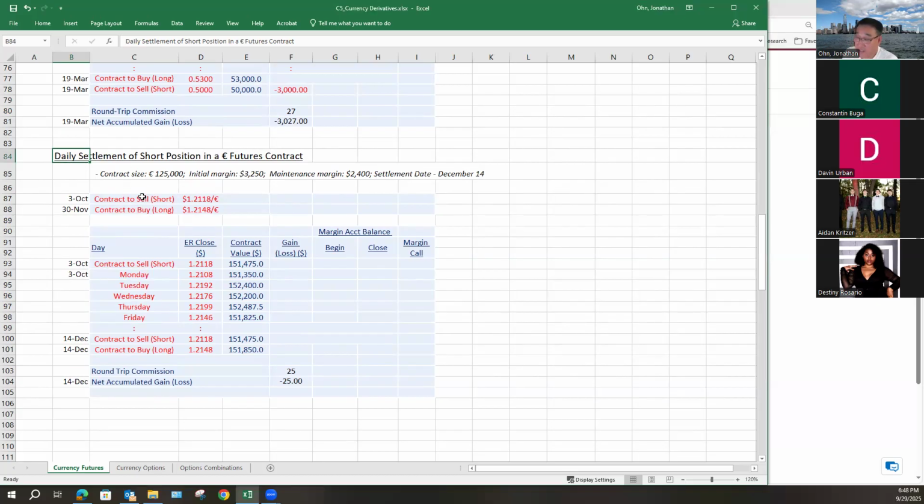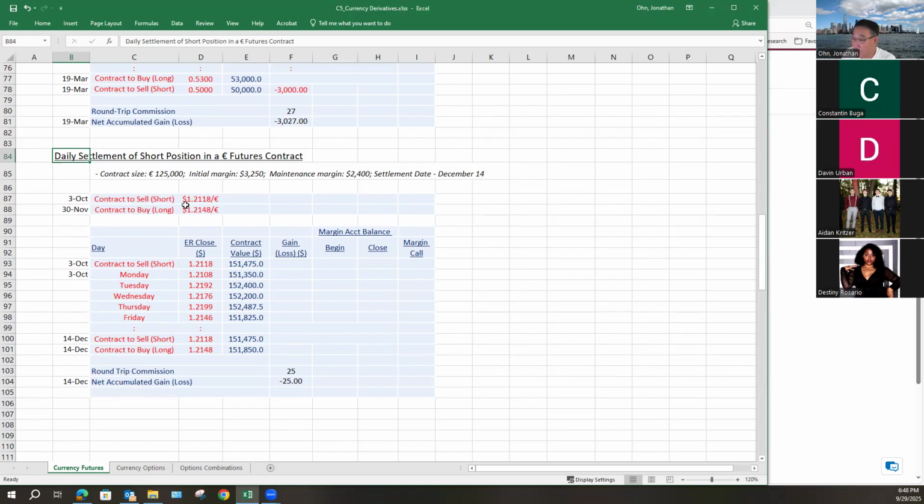The story goes like this. On October 3rd, the Monday, you get into a short position. You sell a futures contract at 1.22118 per euro. Now, between October 3rd and your settlement date, December 14th, you take a long position to offset this short position.